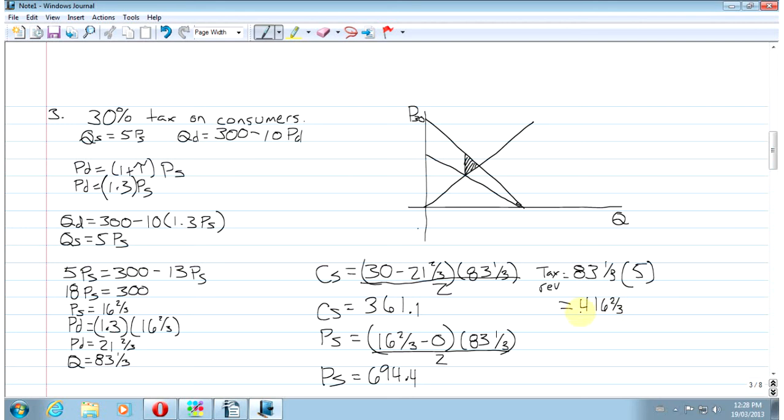Okay, so adding all these up will give me my total surplus, and then I can subtract it from my benchmark surplus, and that'll give me my deadweight loss. So total surplus is 361.1 plus 694.4 plus 416 and 2/3.